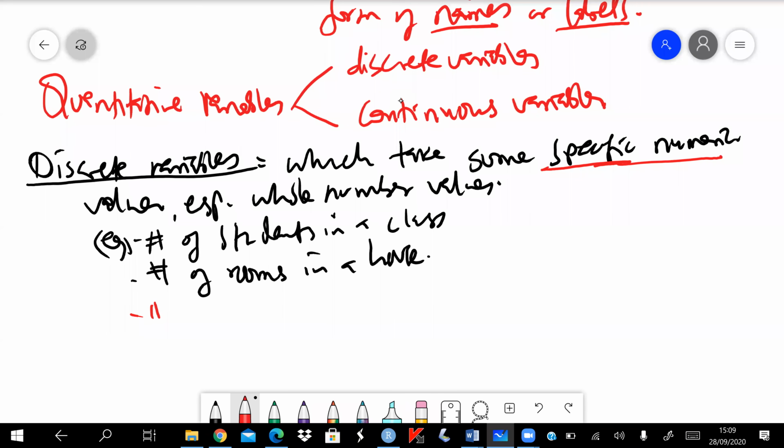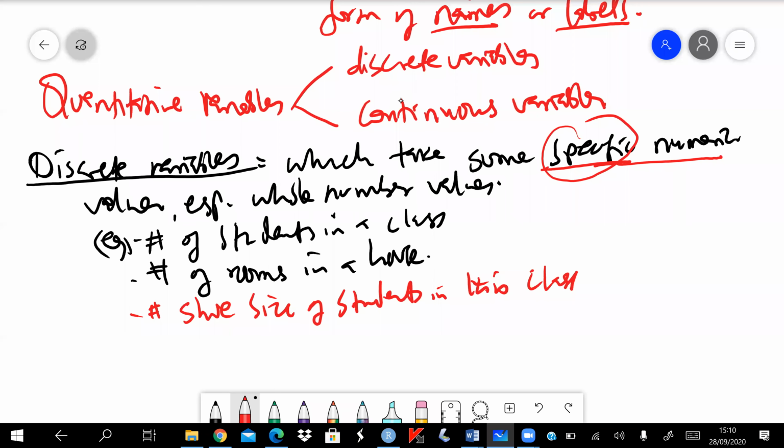We have things like the shoe size. For instance, the shoe size of students in this class does not necessarily take whole numbers. Sometimes they take a whole number and a half, for instance 3.5, 4.5, 4. So it is a mixture of whole numbers and some specific fractions. The key word here is specific, not actually whole numbers, because sometimes you get fractions.